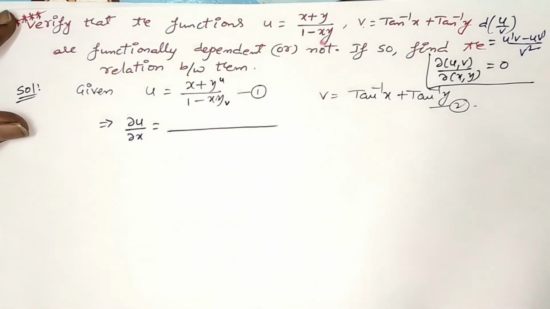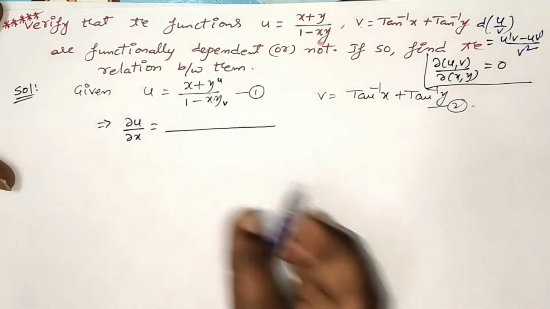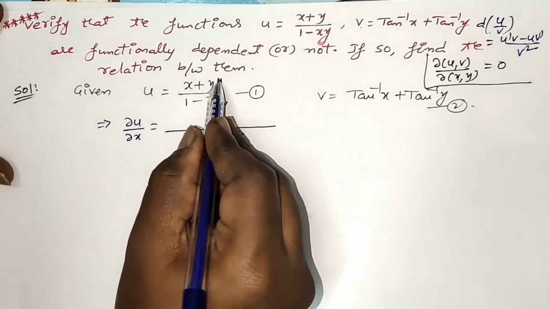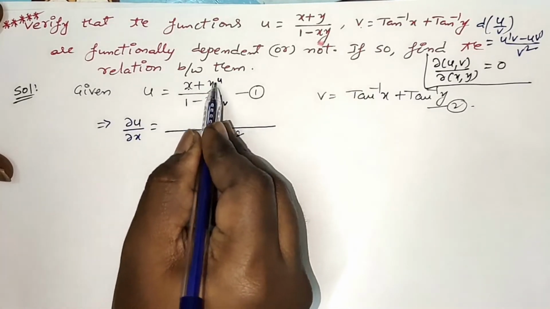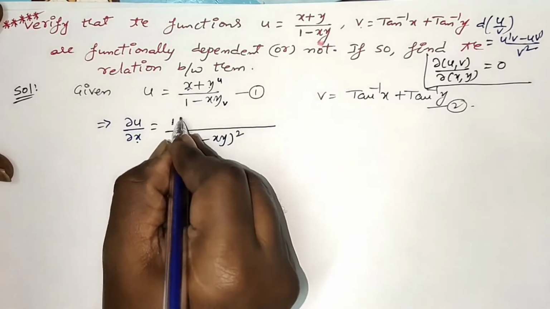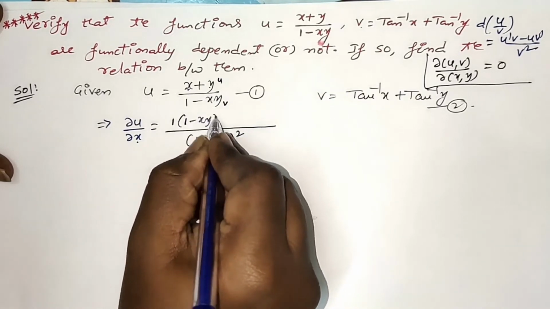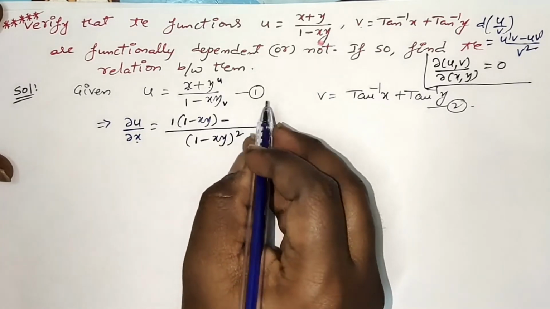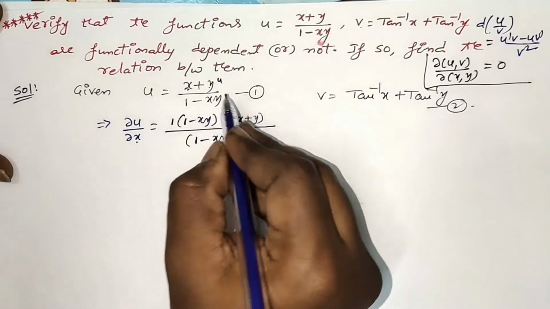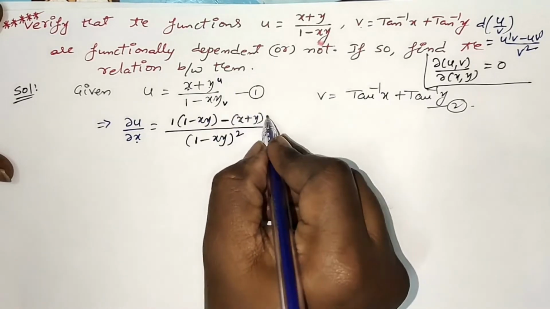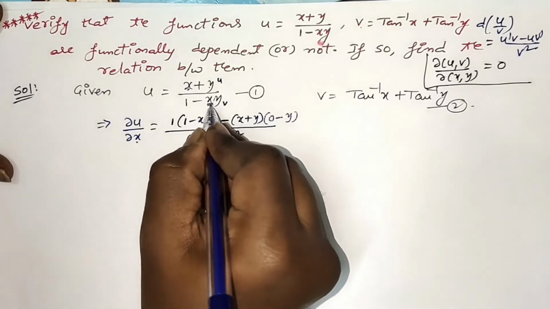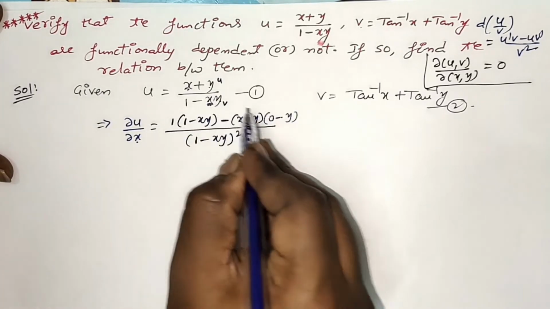According to this formula, I got the denominator, (1 minus xy) whole square, and the partial derivative of x plus y, which is the numerator, with respect to x is only 1. 1 plus 0 is 1. 1 into (1 minus xy) minus, now u is the similar term, (x plus y) into the partial differentiation of the denominator with respect to x, which is 0 minus y, because the partial derivative of x with respect to x is 1. 1 into y is y.